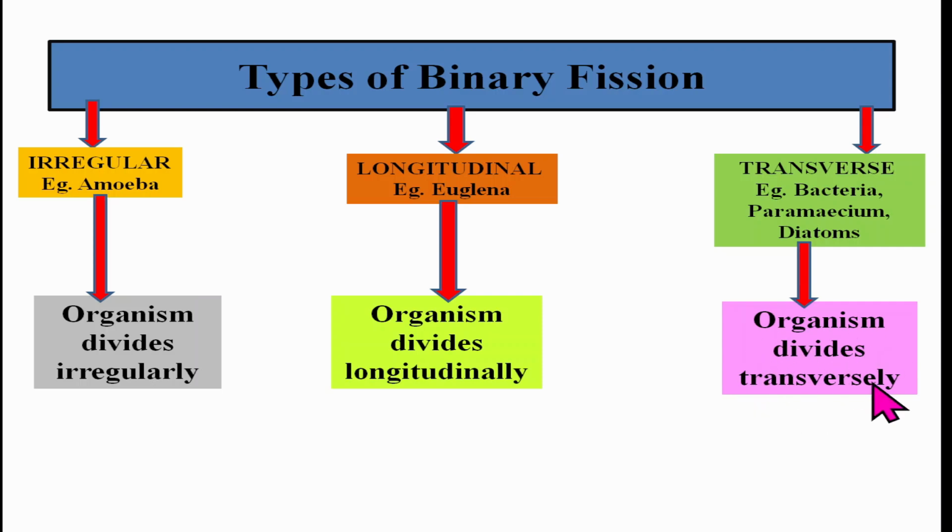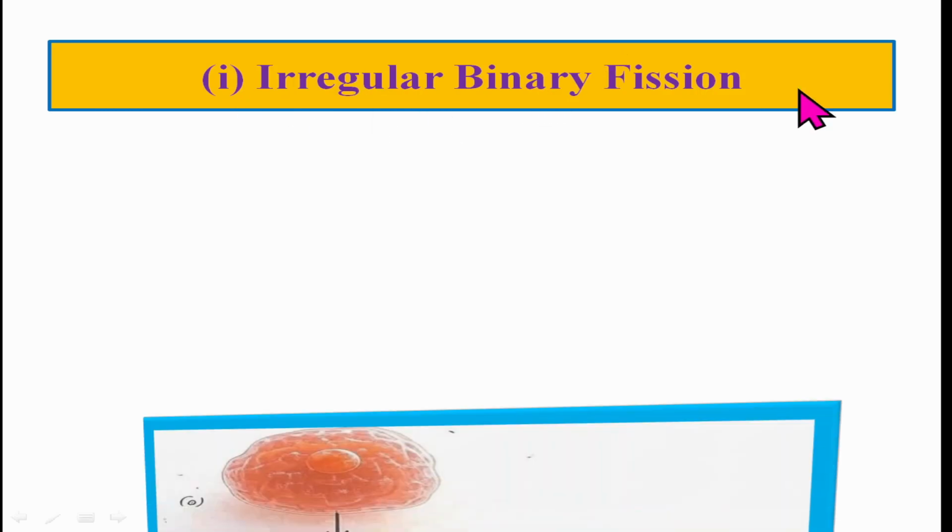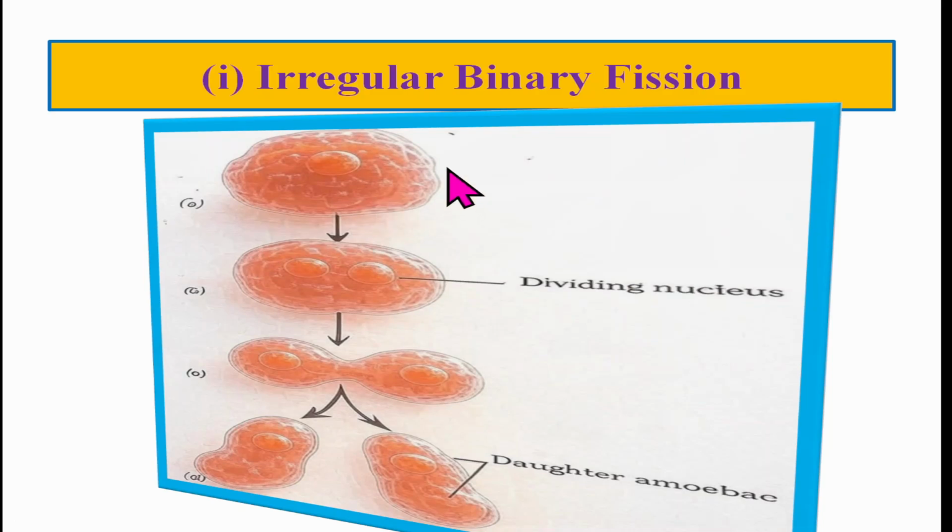Now, let's move to the next one, irregular binary fission. See, this is the diagram of an amoeba. Rough diagram of an amoeba, and in between is the nucleus. As and when the amoeba matures and reaches the stage of reproduction, the nucleus divides into two nuclei.